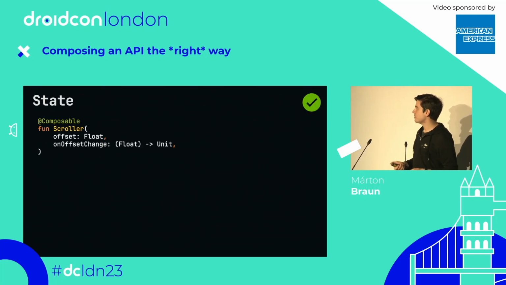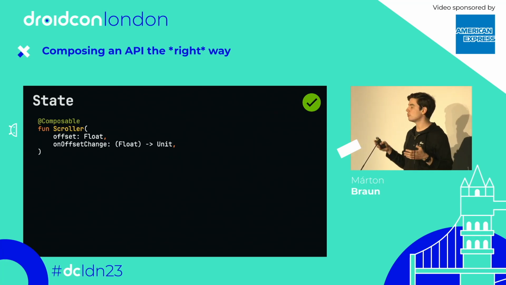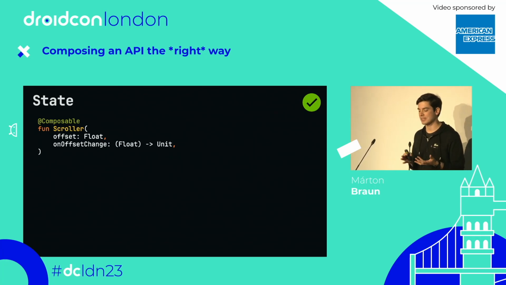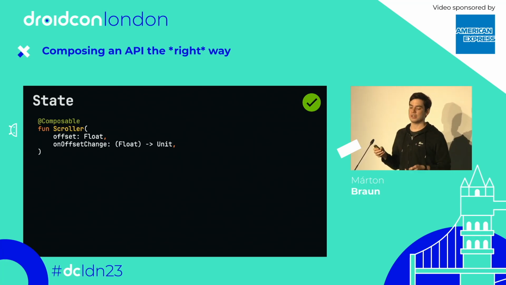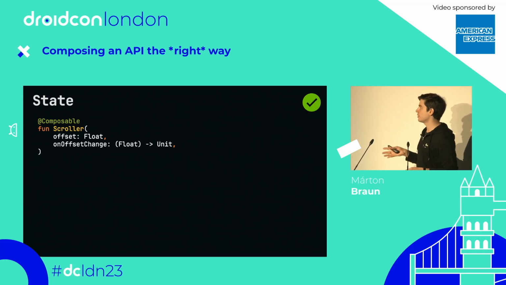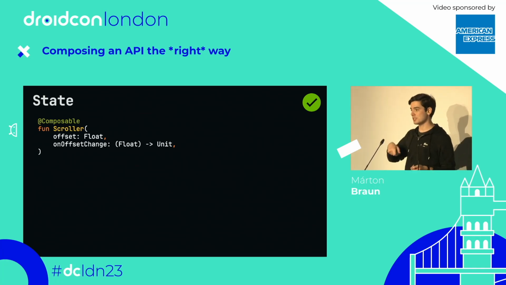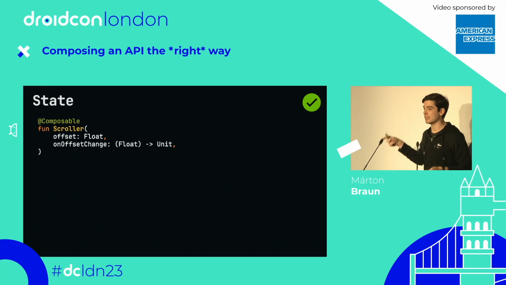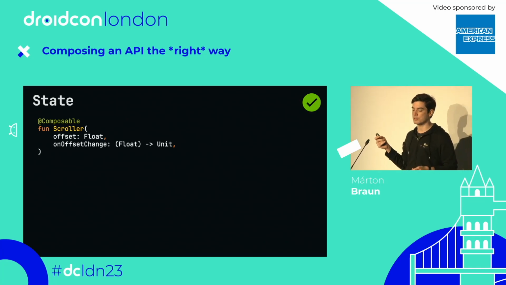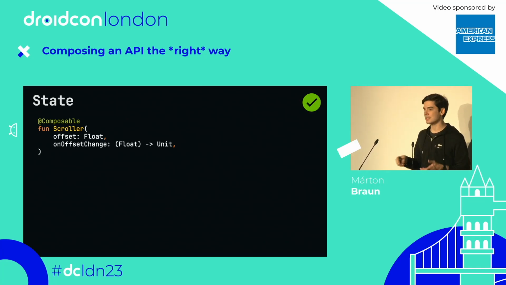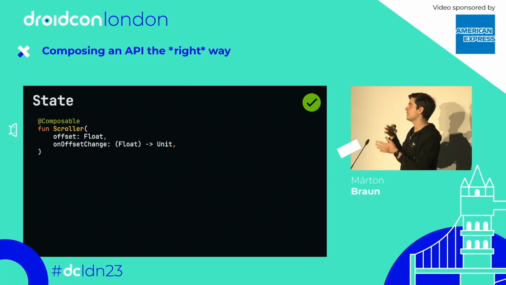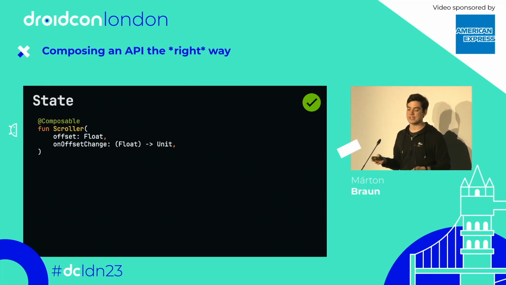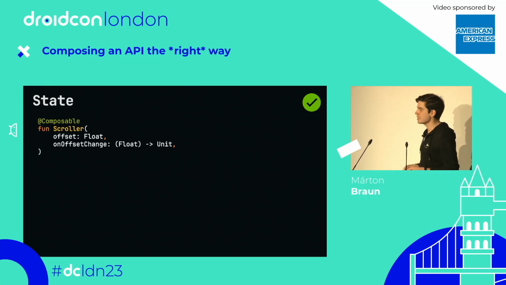It's much better if we create a stateless component like this, which is only controlled externally. So we can pass in the state as a plain value. And then we can provide a callback for the component where it can indicate that it wishes to change the state, but then we get to handle those requests to change the state on the call site. And if we need some validation on there or we need some customization, we can now easily do that as the consumer of this component.